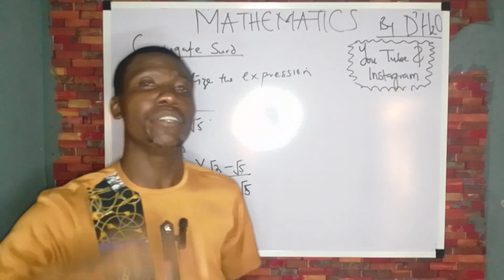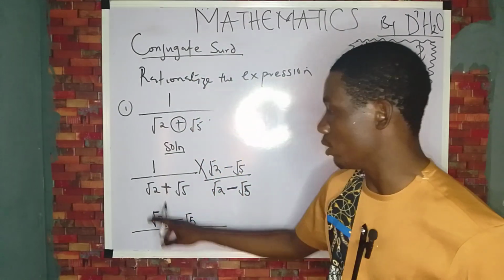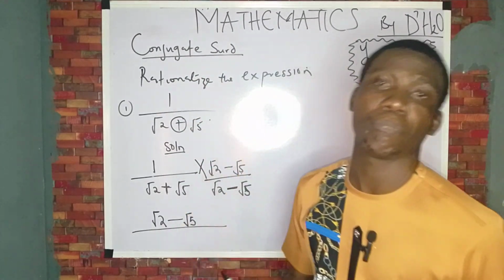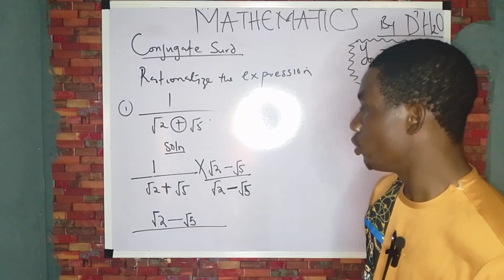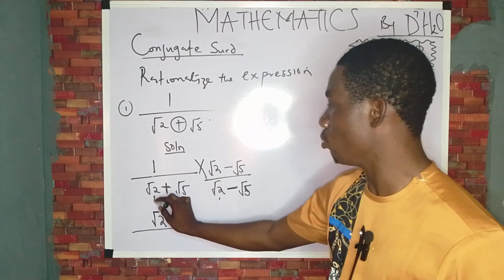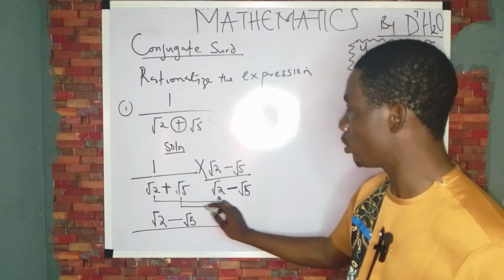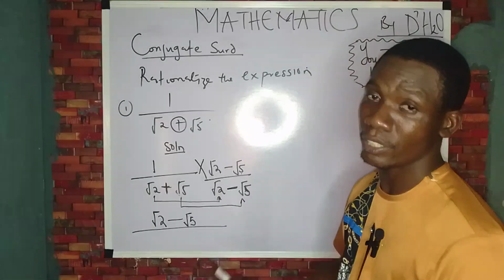So for every conjugate surd that you come across in your exam, whenever you get to the denominator, use this simple shortcut to do it. Use the first one here to multiply the first one here, and use the second one to multiply the second one. That is all.